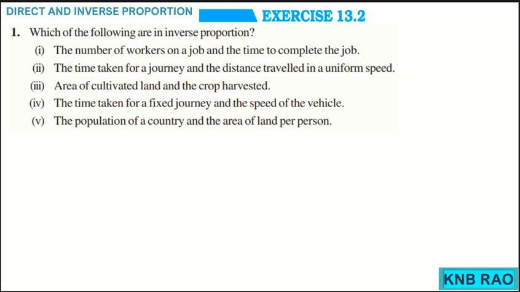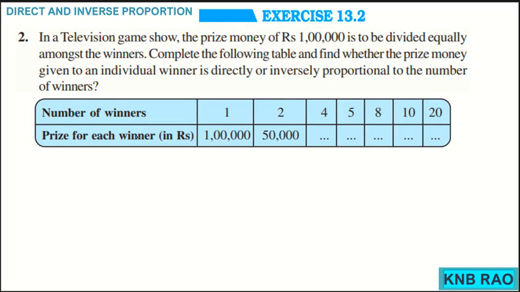Now coming to the question number 2nd. In a television game show, the prize money of rupees 1 lakh is to be divided equally amongst the winners. Complete the following table and find whether the prize money given to an individual winner is directly or inversely proportional to the number of winners.